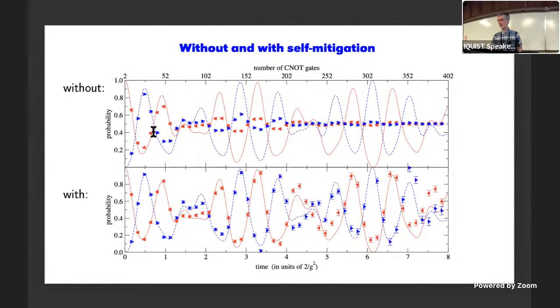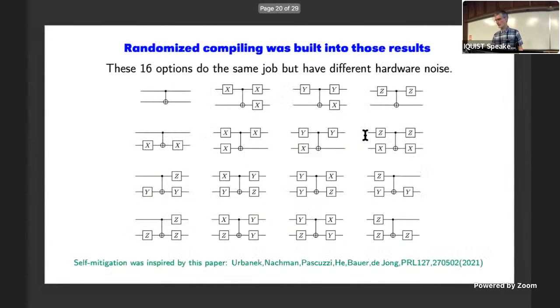The red points, even way out here, are still above 1/2 when the true curve is above 1/2. And they're still below 1/2 when the true curve is below 1/2. The signal is there. It was just squished down, and we should rescale by the measurement of the errors by running forward in time and then back. And so that's the plan, and it worked really well, as you can see.